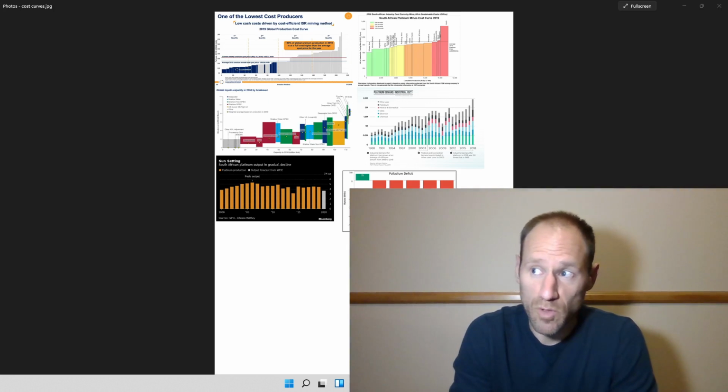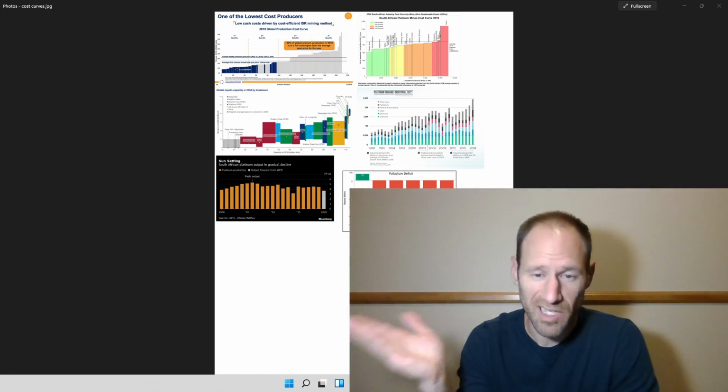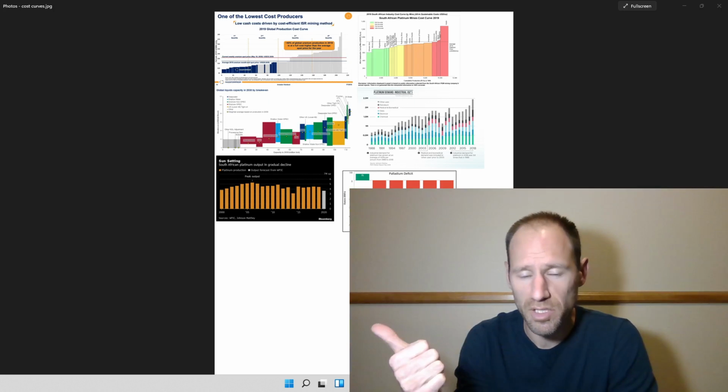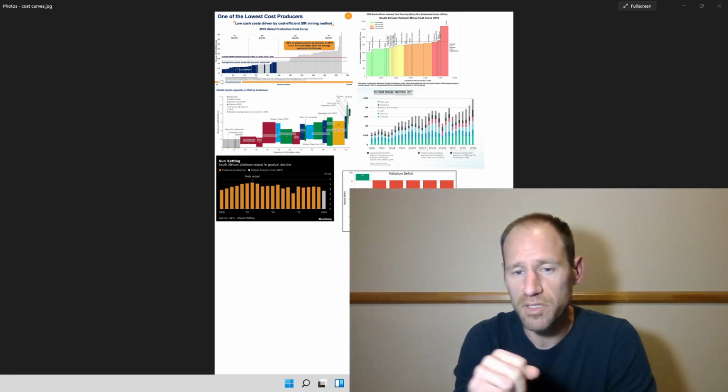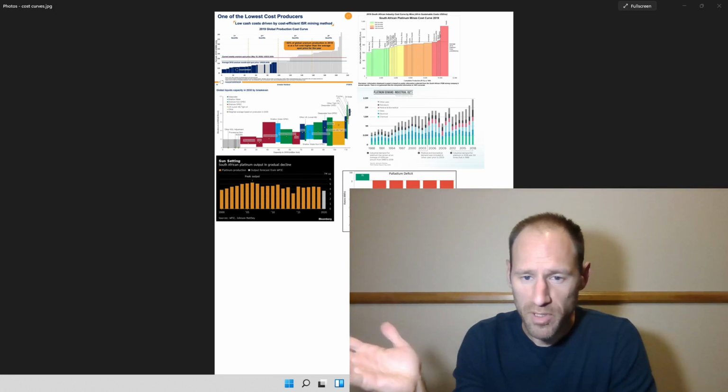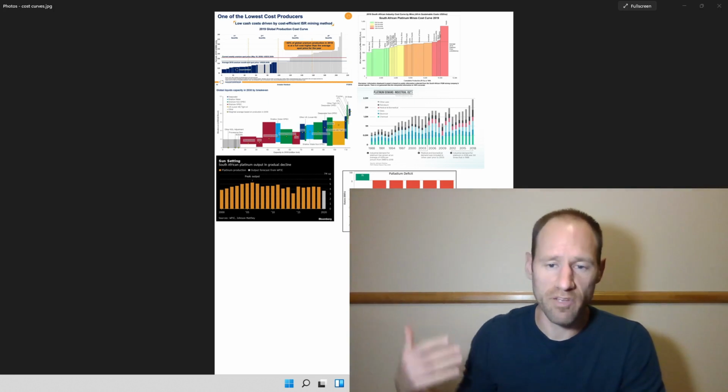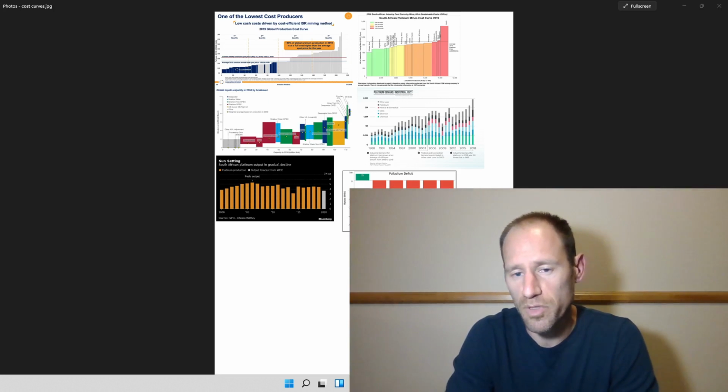So if you guys want to be commodity investors, this is the stuff you've got to look at. Production, market balances between supply and demand, and then your cost curves. And if the rare opportunity comes when it sells off below the high cost producers, and sometimes it goes even below the medium cost producers, that's when you get greedy as heck. That's when you can make a lot of money.